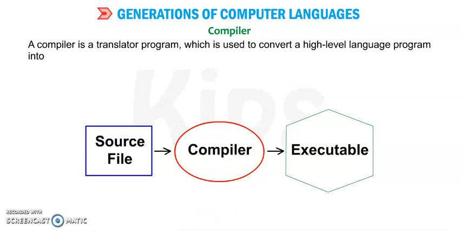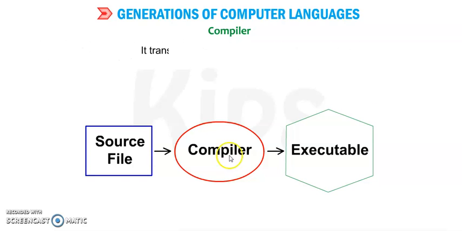Next is the compiler. The compiler is also a translator program which is used to convert a high-level program into machine language. It translates the whole program at once. This is the difference between interpreter and compiler. An interpreter converts the program line by line, but a compiler translates the whole program at once. This is the source file, and the compiler compiles it into the executable file.